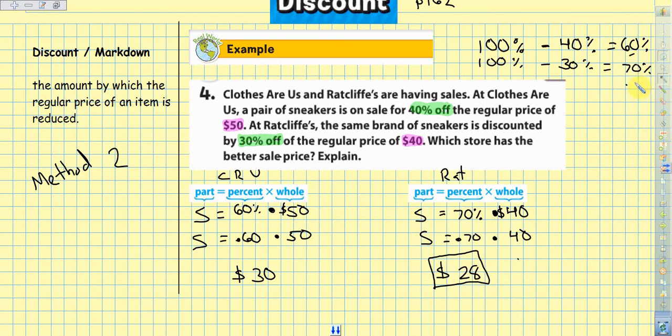What's the other side? 70%. Okay, 70 plus 30 equals 100. 60 plus 40 equals 100. This is another way of doing this problem. Okay, if you want to do this problem the other way, just find 40% of 50, then subtract that number from 50, you are going to get $30. You do the same thing. This is just a different method.